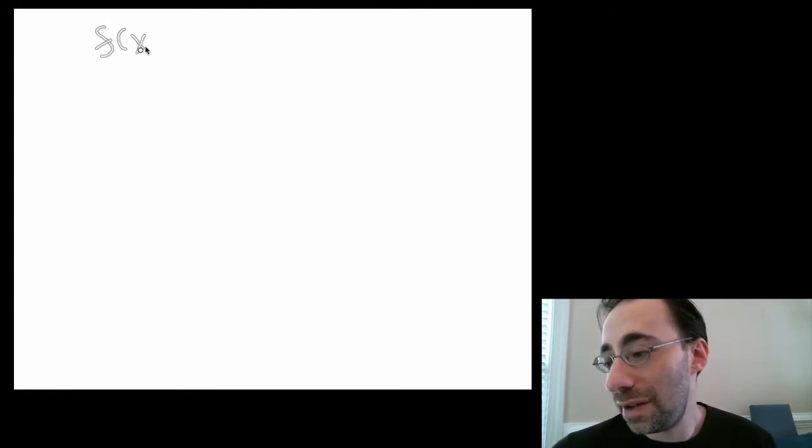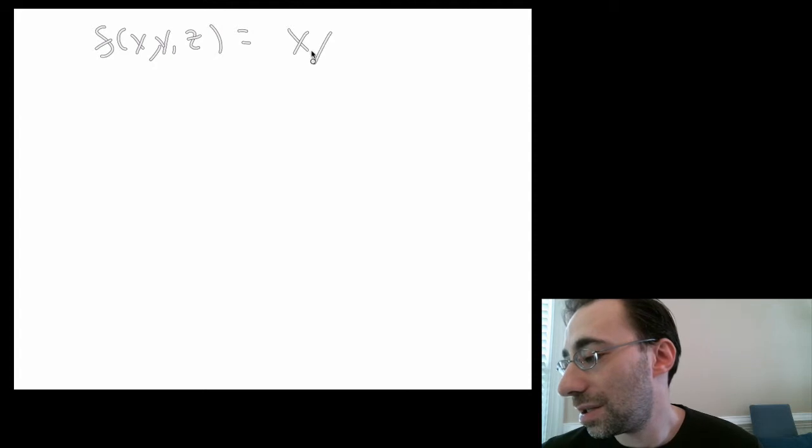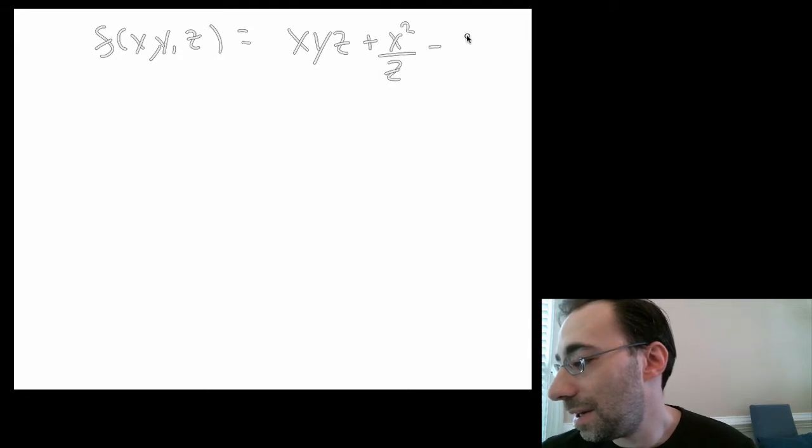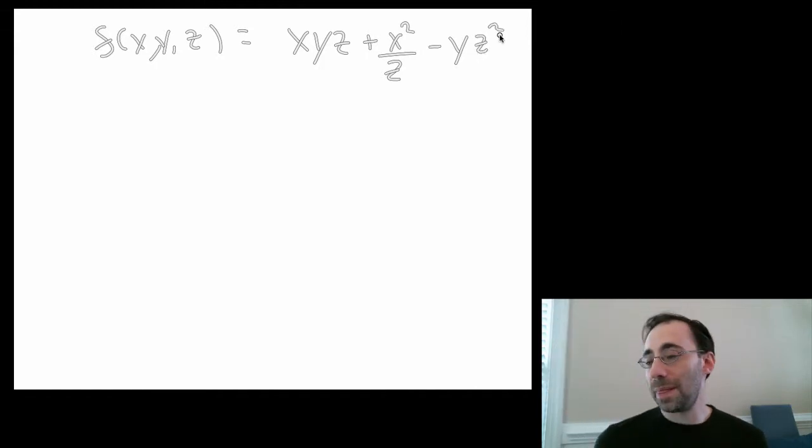Let's say you have a function in three variables here. And let's say the function is xyz plus x squared over z minus y, let's say z squared. There you go. There's a random example. There are more examples in the book too.